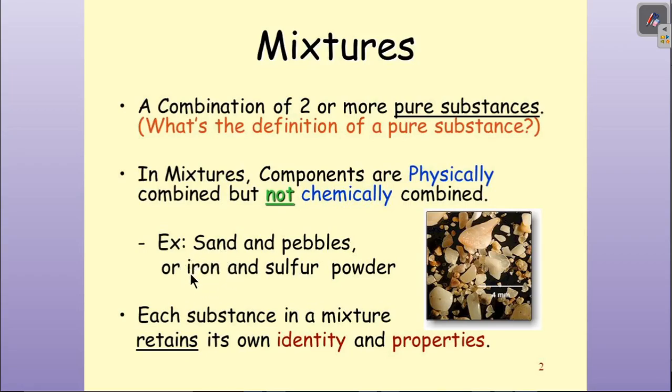So you can use a magnet to take it out of the mixture. So you put those in a little container, you stir it with a spoon, it looks black and yellow, but you can take the iron out by using a magnet because this iron has retained its property of being magnetic.